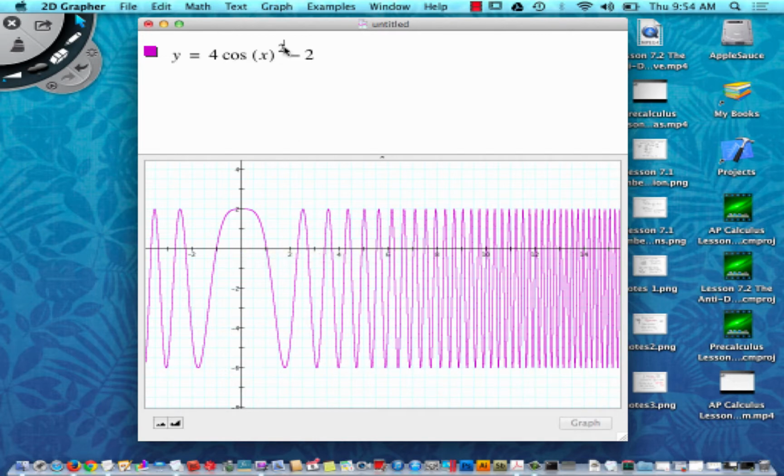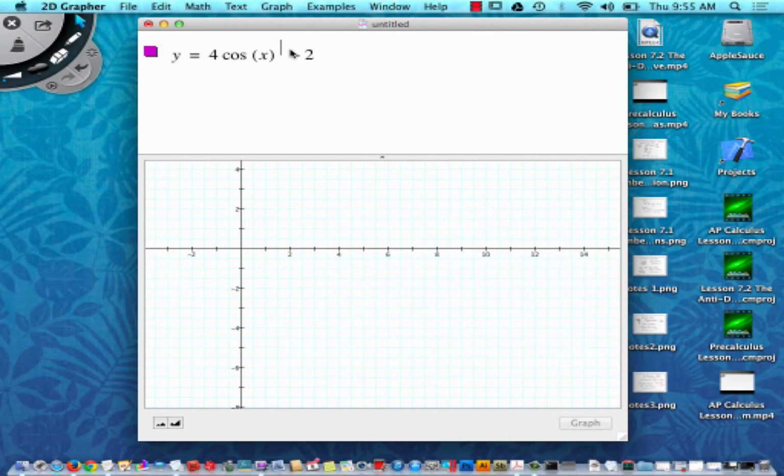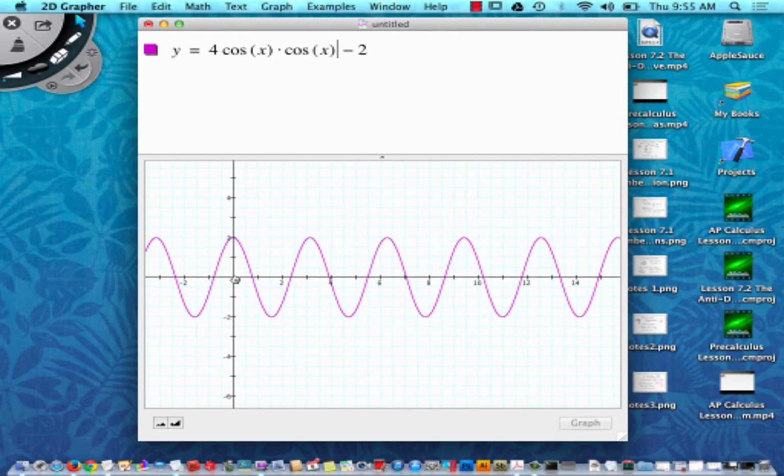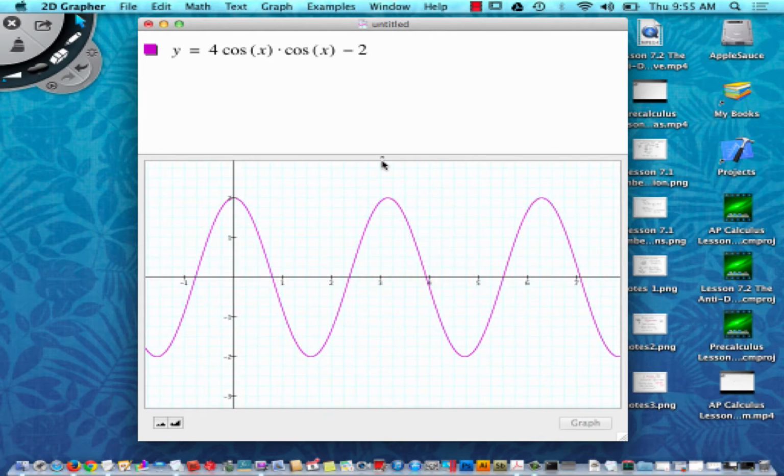It's cosine squared x. So cosine squared, yep, that's what I have here. There we go. Alright, I was misinterpreting it. So this turns out to be the exact same thing.